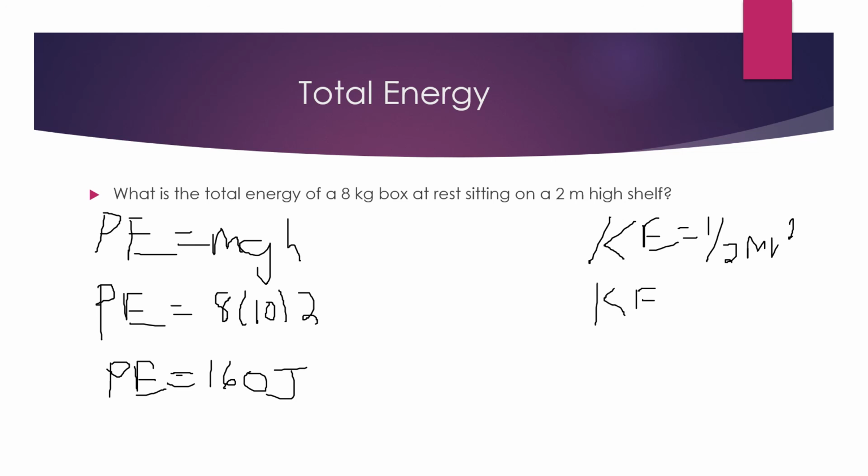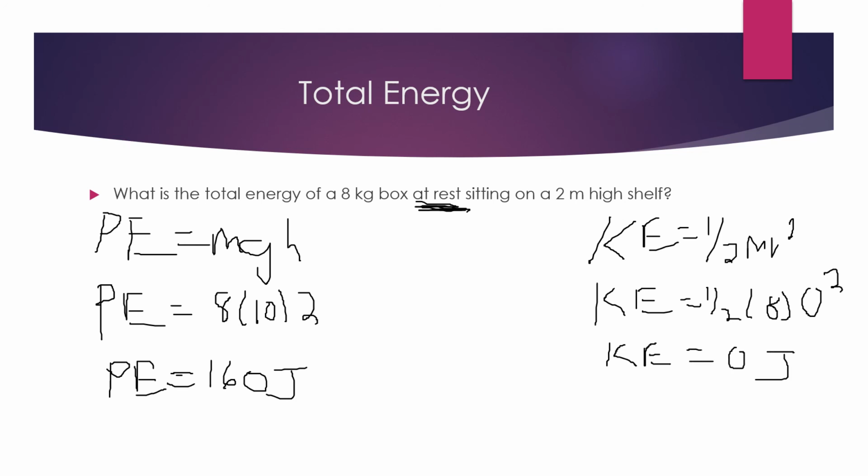KE is 1/2. The mass is 8. The velocity. At rest means the velocity is 0. If the velocity is 0, that means the KE is 0.